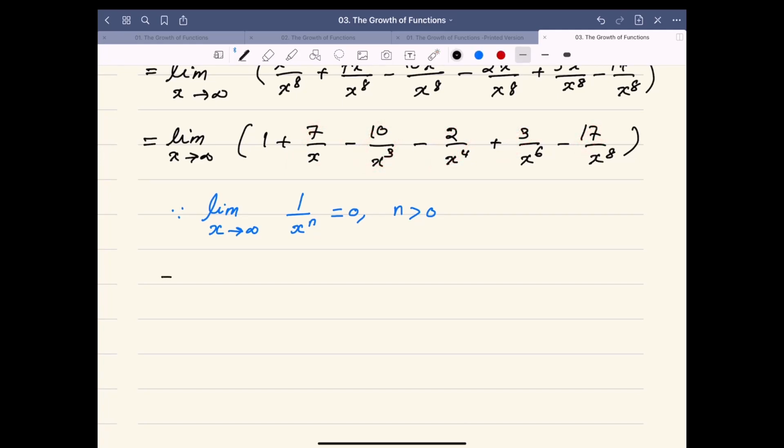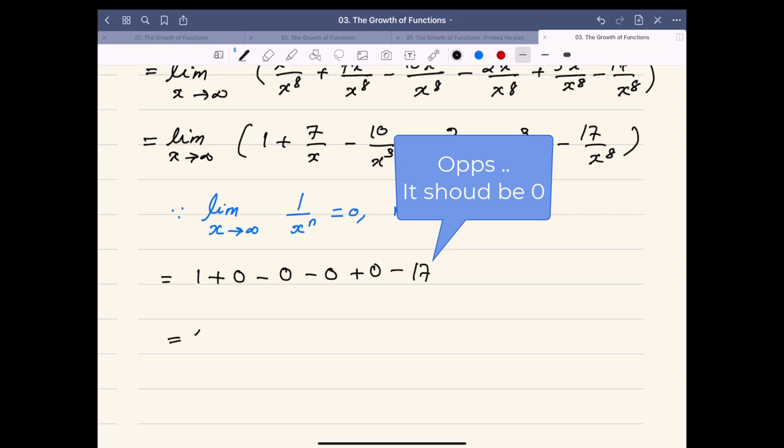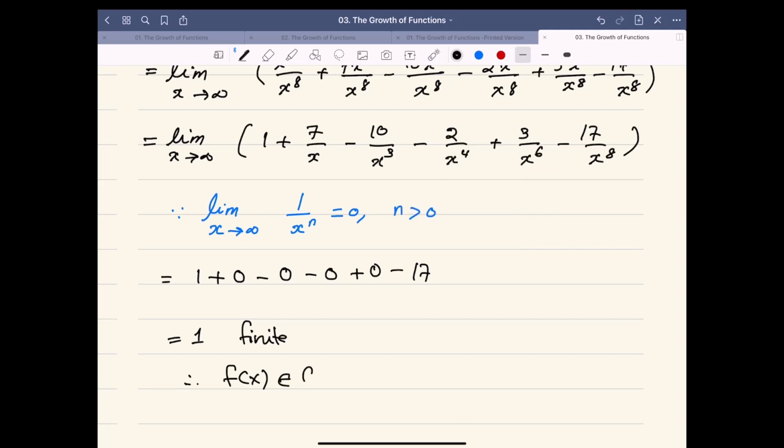So we write here that the answer is equal to 1 plus 0 minus 0 minus 0 plus 0 and minus 17, which is equal to 1. Now since 1 is finite and not equal to 0, we say that f of x belongs to big theta of x raised to power 8.